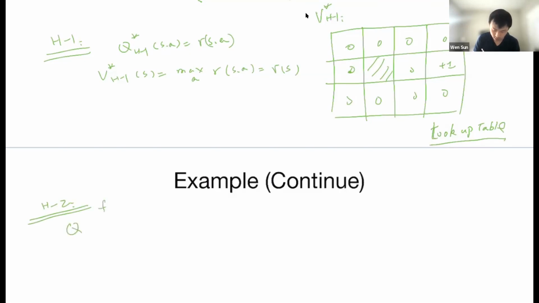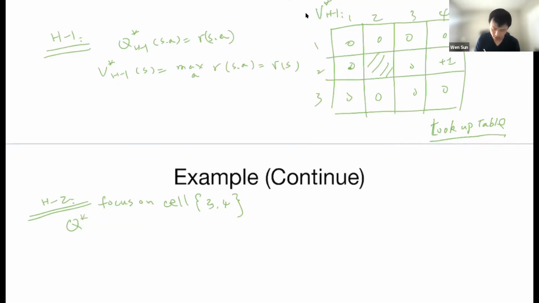Let's focus on computing the value for cell 3, 4, which is the bottom right cell.